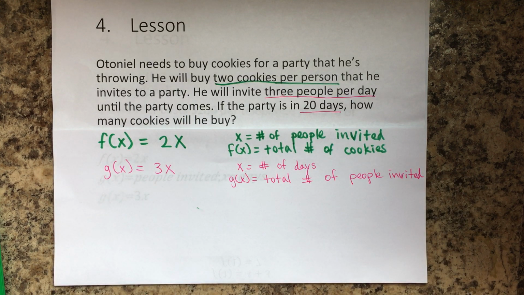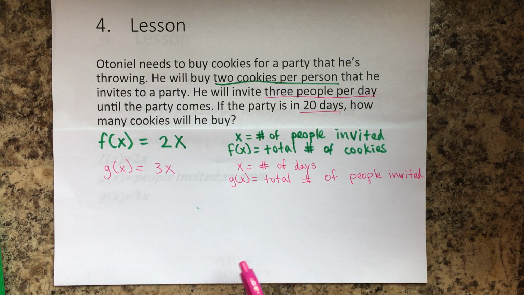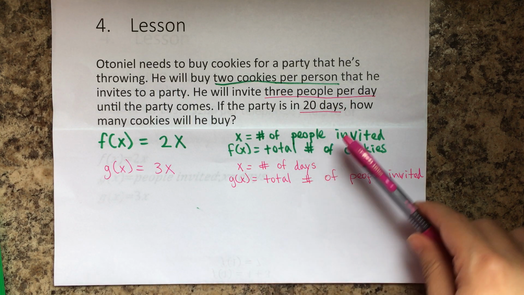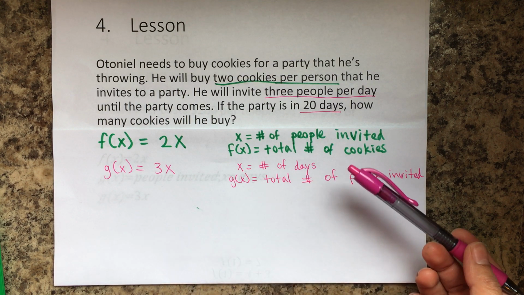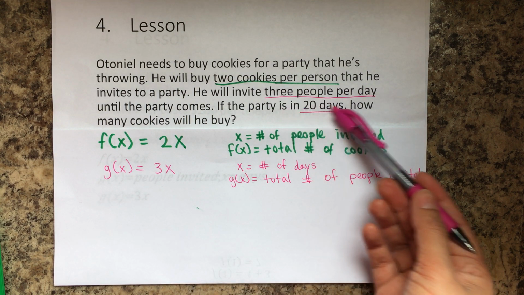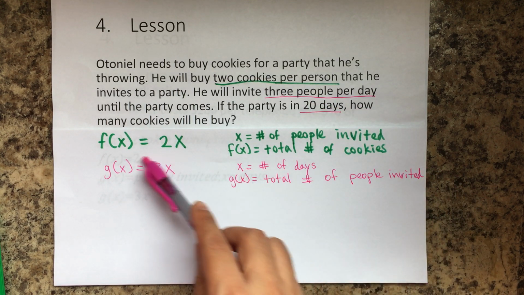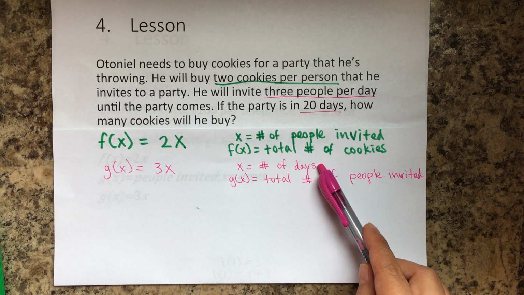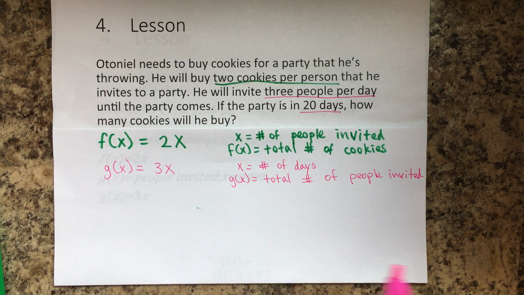Okay, so it says that the party will be in 20 days. So in here, what does that represent? Where do I see days? 20 days. Well, x in this function represents the number of days, so that's where I'm going to replace my 20.